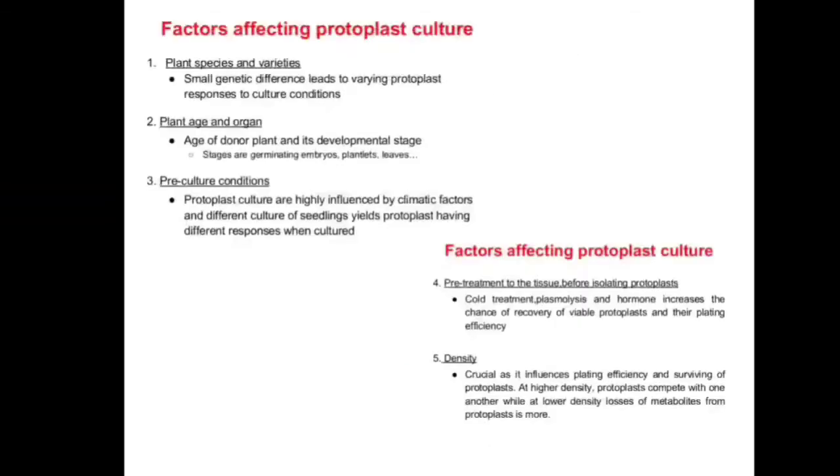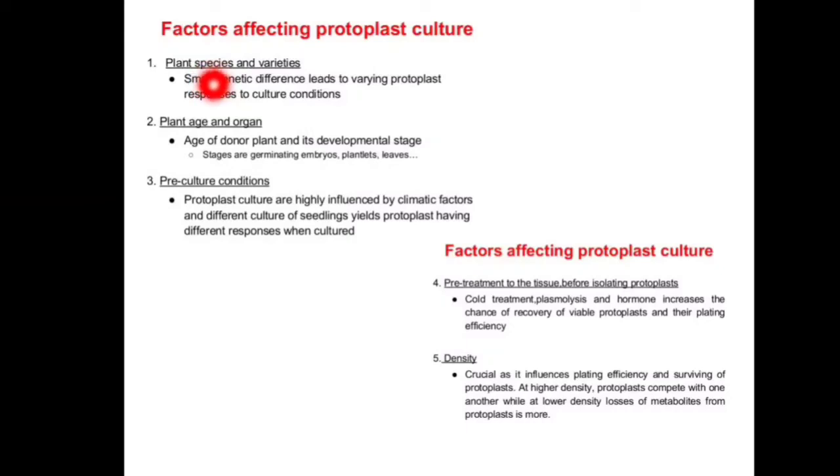And if you see the factors affecting protoplast culture, the first is the plant species and varieties we choose for protoplast culture. It is the starting point of protoplast isolation.